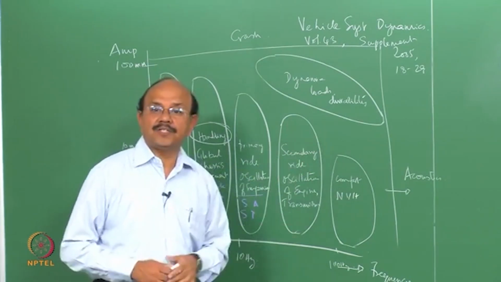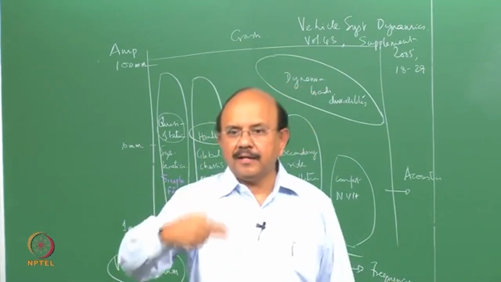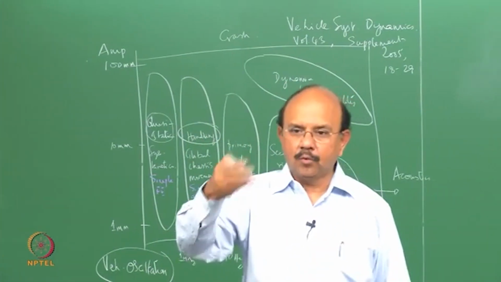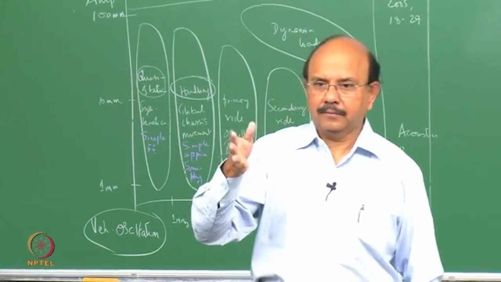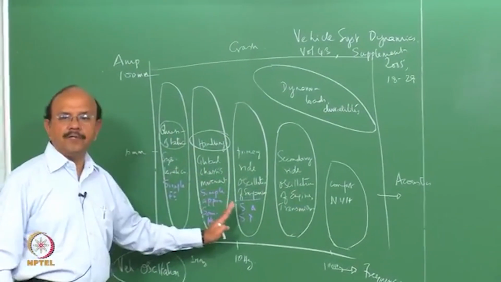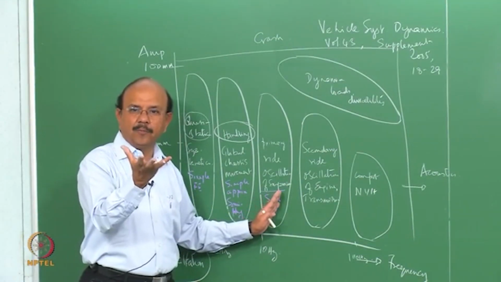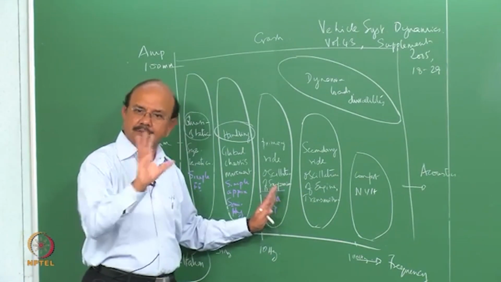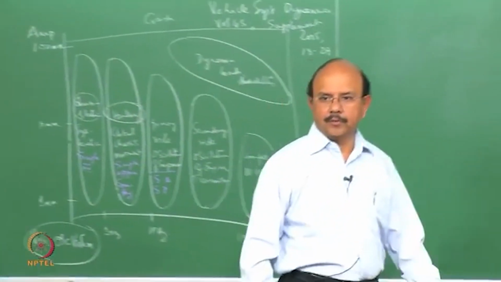So the source of these vibrations and the way they are transmitted would be different at different frequencies. When I am here, I am looking at the body as a whole, controlled by the suspension characteristics. Wait for some time, you will understand more about this as we go along.